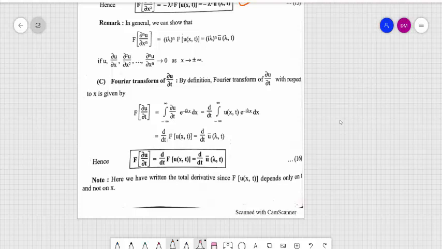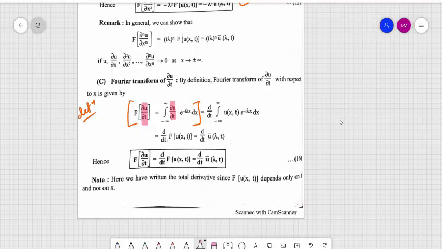Again use the definition. Whatever is present here, we have to write in a simple way by using the definition. And we know DUIS, differentiation under the integral sign. There are two rules, but normally we use the first rule.